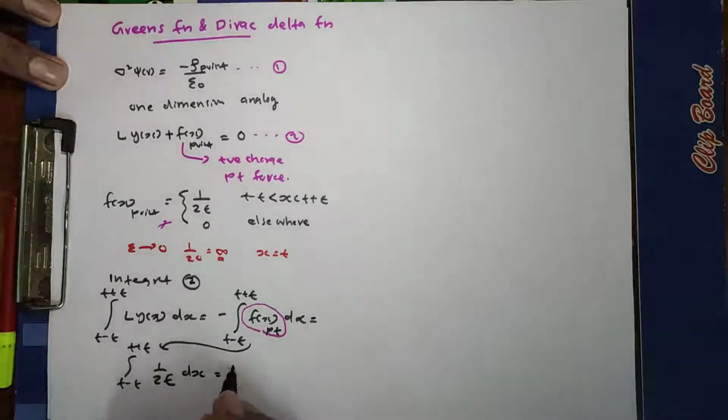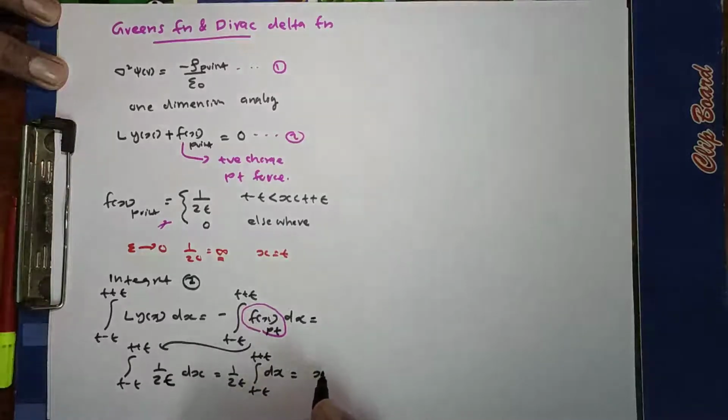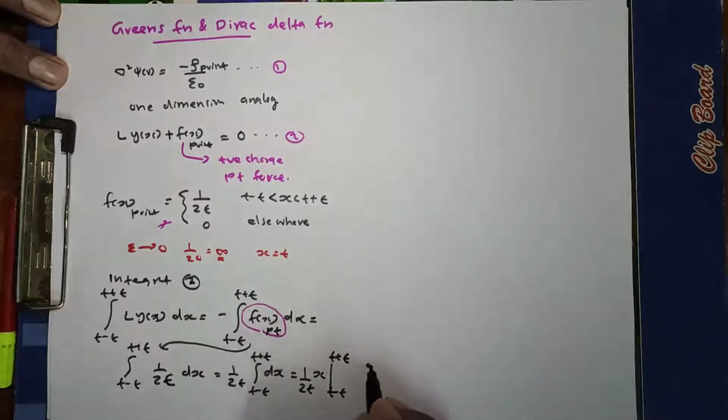Now 1 by 2 epsilon is constant, so you can take it out: 1 by 2 epsilon times the integral from t minus epsilon to t plus epsilon of dx. Integrating, we apply the upper limit t plus epsilon minus the lower limit t minus epsilon.